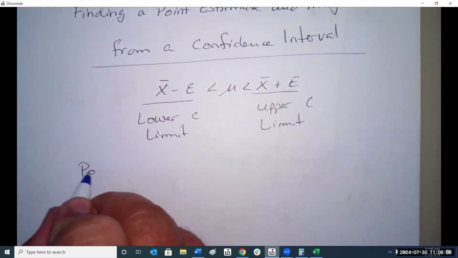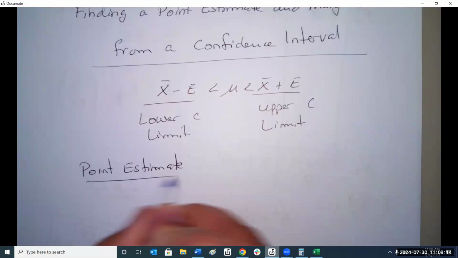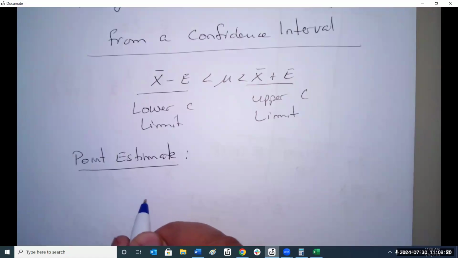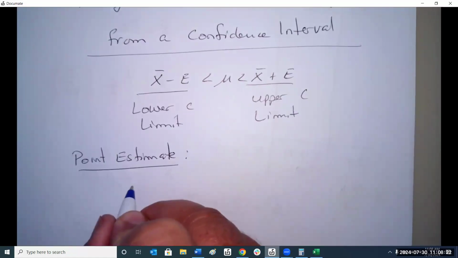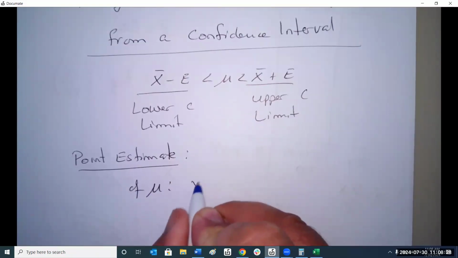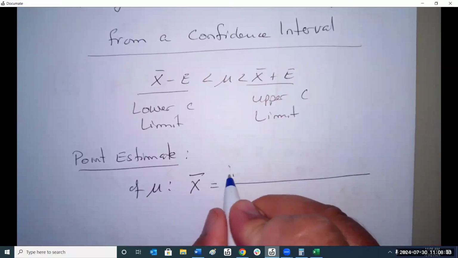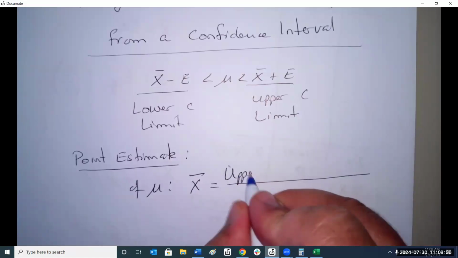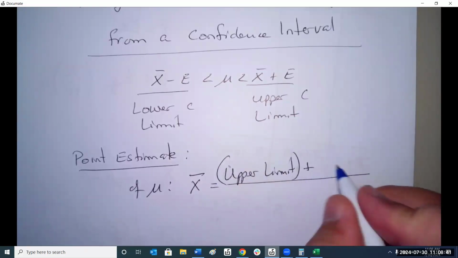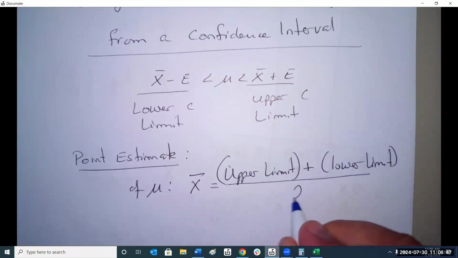To find the point estimate, to calculate it, the formula is, so the point estimate of mu is our X bar, which is the upper limit value plus the lower limit value divided by 2.